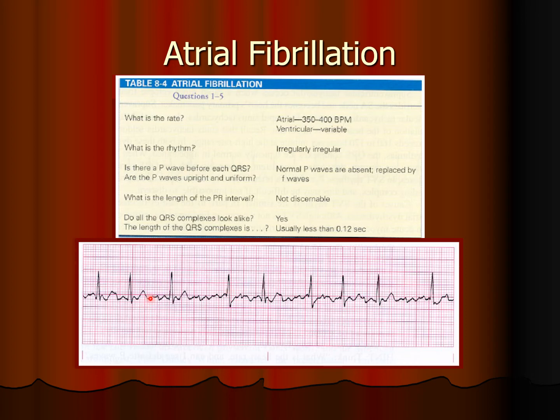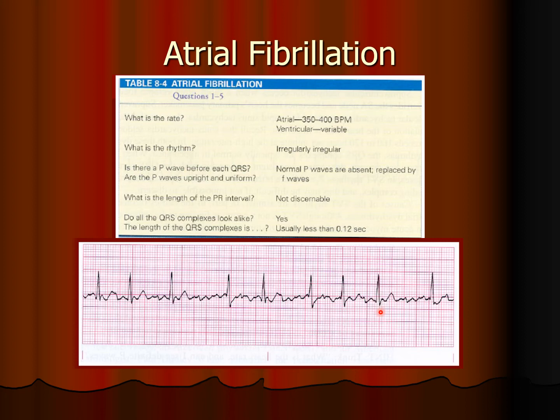So we don't have normal P waves. You can't go, I think that's a P. No. If I have to guess that I have a P wave, I don't have a P wave. Period. We just have fibrillatory lines here, just schmutz, all right? But it is an atrial rhythm. So usually, and I say usually, we have nice, narrow, skinny QRSs, pretty thin.